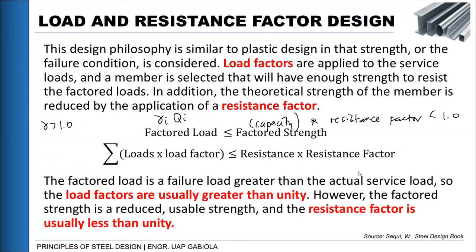So, kumbaga, the allowance na mina-minus natin dito sa capacity natin are for the unforeseen events na pwede, no? Yung mga uncertainties like for example, yung sa material, may damages, no? Hindi perfect yung pagkaka-weld niya with each other. So, yun yung allowance na pino-provide natin. That's why we are trying to introduce yung mga factors na to.